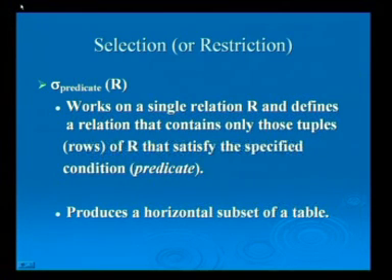So if I explain the selection operation first, this is also known as the restriction operation. The symbol is sigma, and then you define the condition and then the relation that you are going to apply this selection or restriction to. Selection works on a single relation R, and it defines a relation that contains only the rows of R that satisfy a given condition.